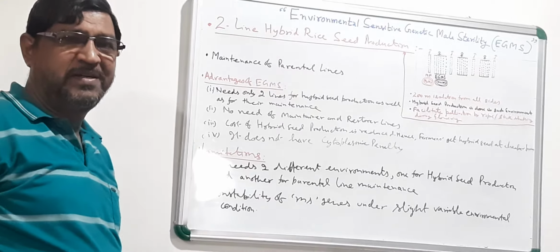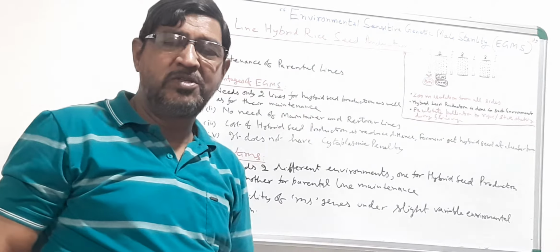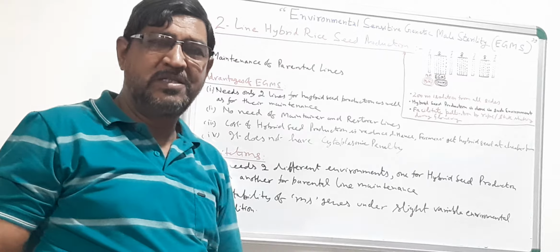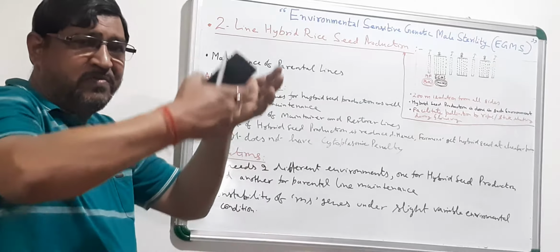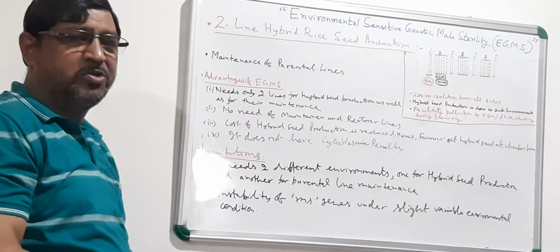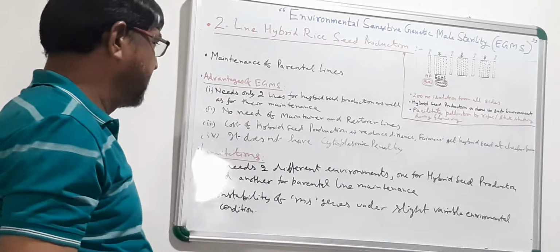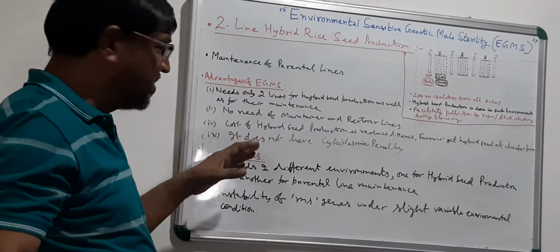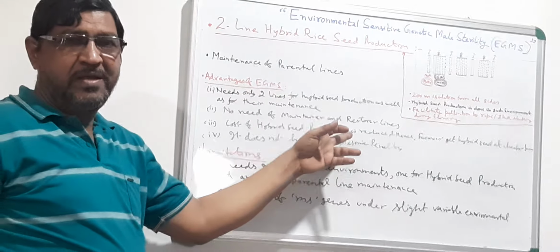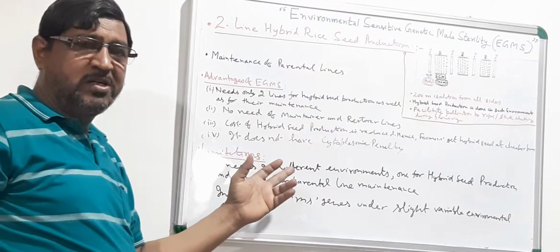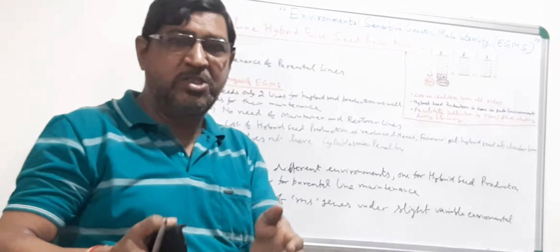The pollinator does not need to restore, and it doesn't require a maintainer, because the EGMS line can self-pollinate in another environment. So you don't require a maintainer as well as a restorer. So the cost of hybrid seed production is reduced. Since the production cost is reduced, you are able to provide the hybrid seed to farmers at a cheaper price.